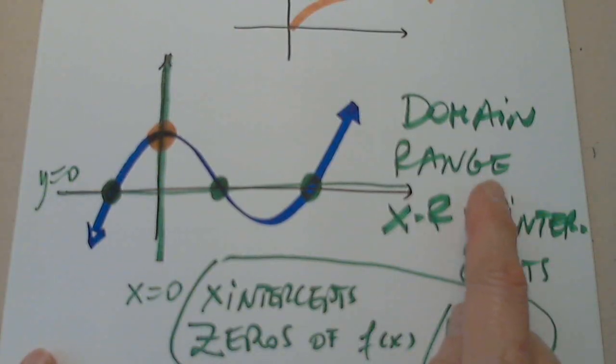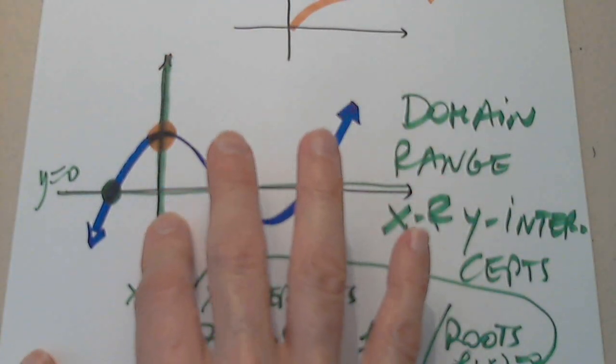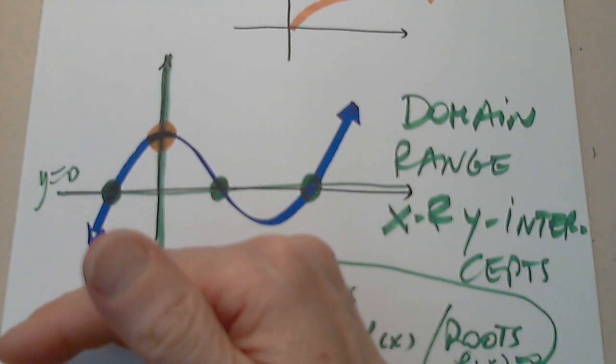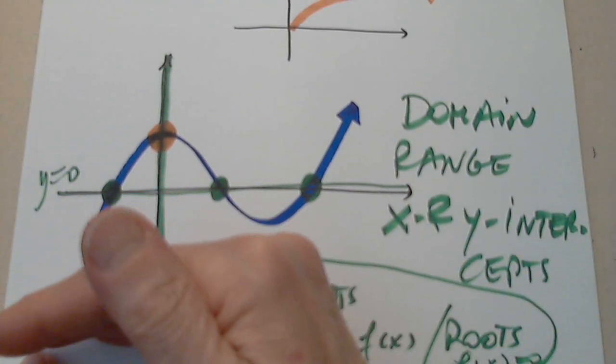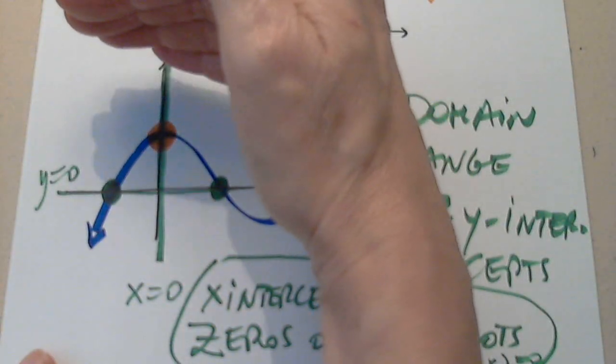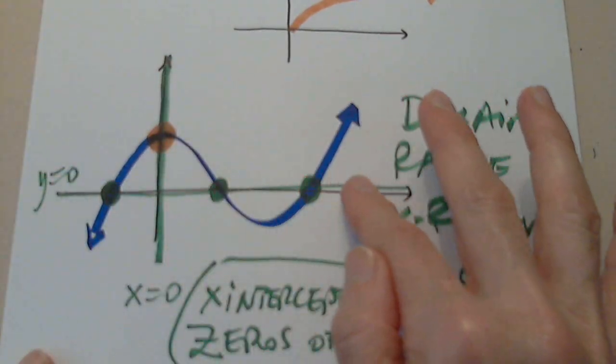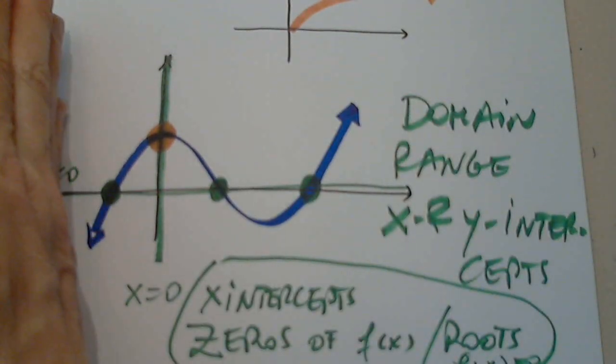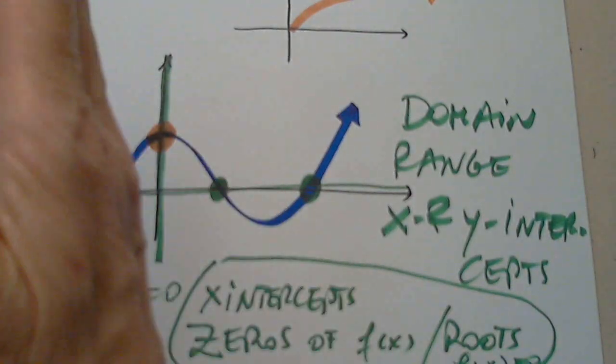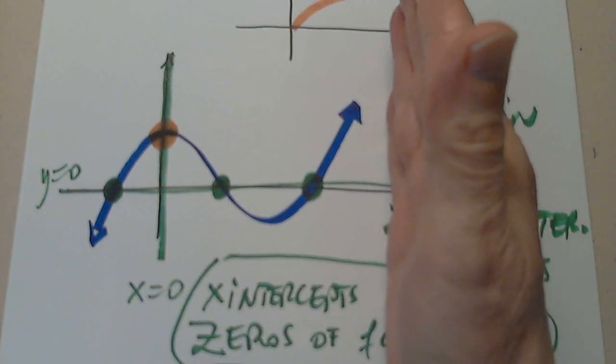How do I find the range? The range is determined on the y-axis from the lowest y value. We'll have examples in a moment. From the lowest y value to the highest y value. The domain is measured on the x-axis from the leftmost point of the graph till the rightmost point of the graph.